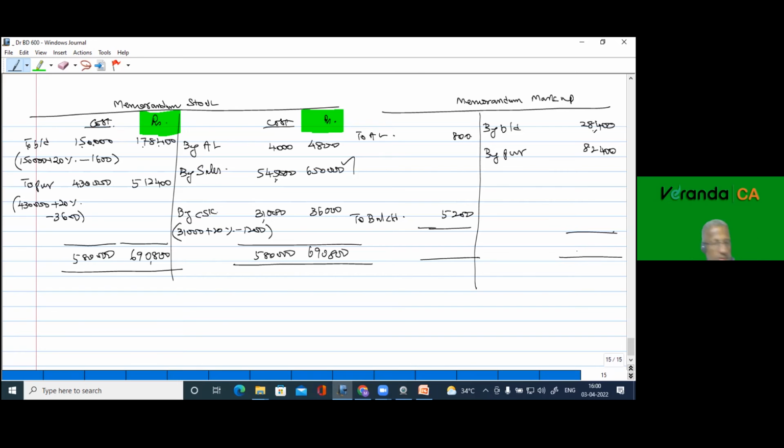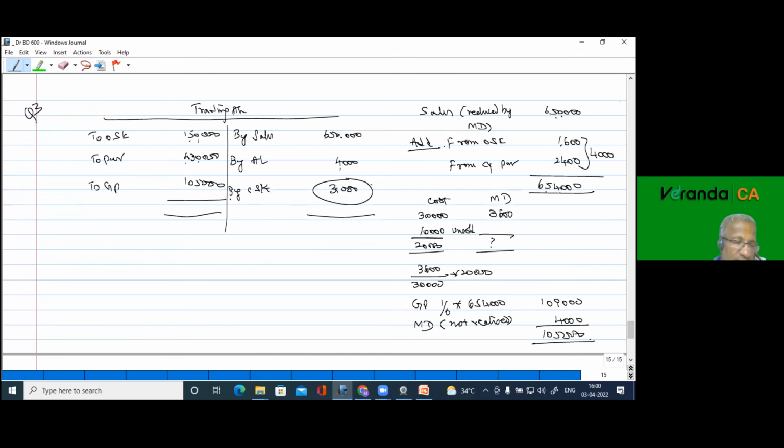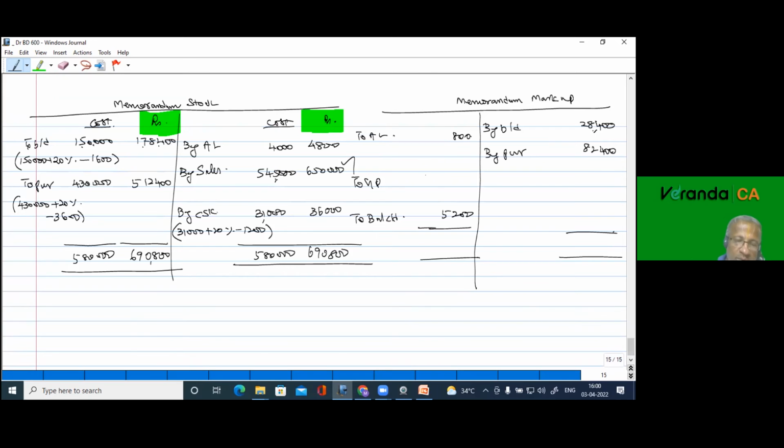Now you just find the gross profit of 1,05,000 worked out here. So the difference between the two is accommodated here. So this 5,000 only extra, sorry.